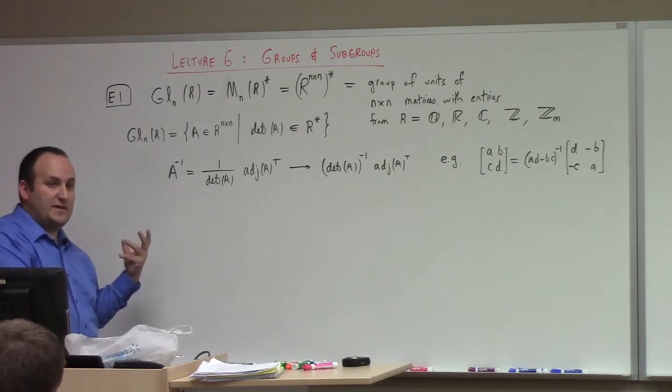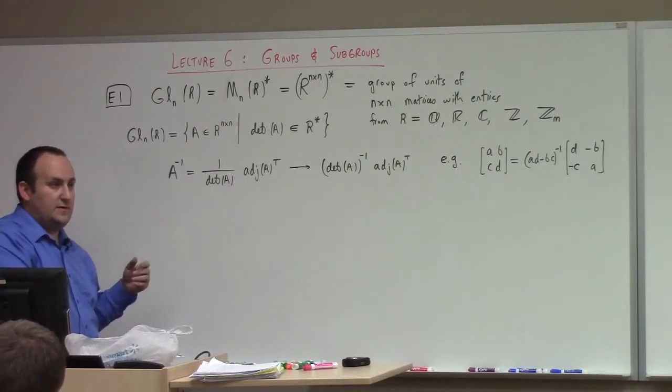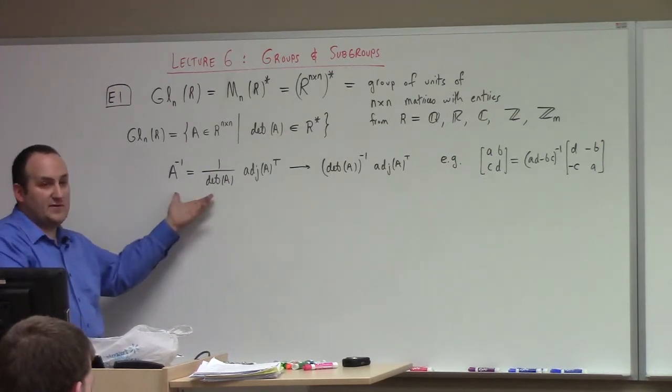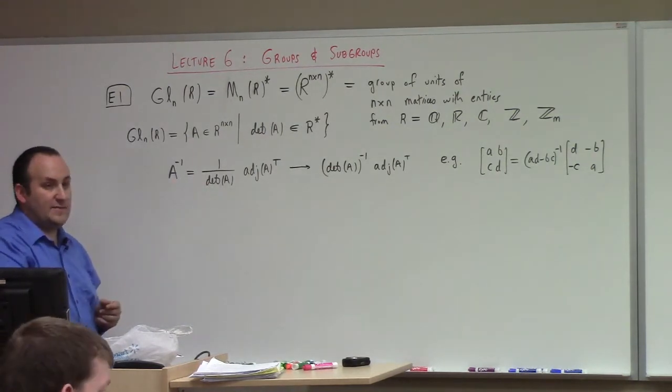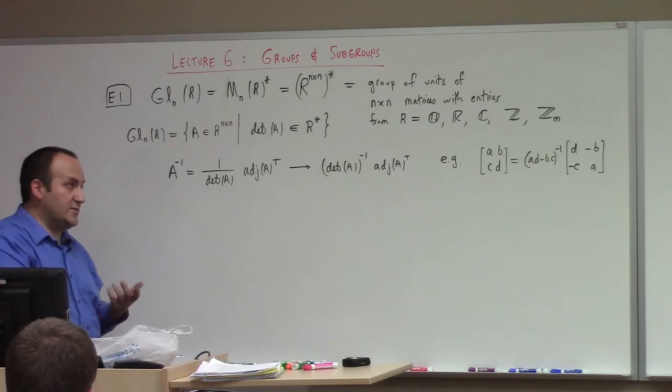That there's this multiplicative inverse, that determinant of A over determinant of A is 1. So if you think about all the steps that go into showing that this formula for the inverse is an inverse for a field, they equally well apply in cases like Z mod M, or Z, which are of course not fields, in the sense that they have many elements that are non-zero and yet are not units.